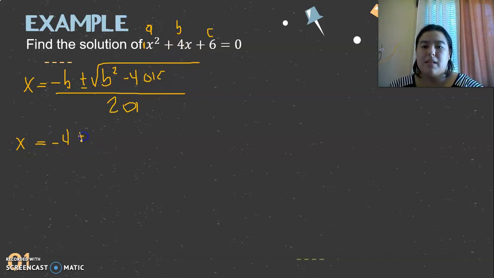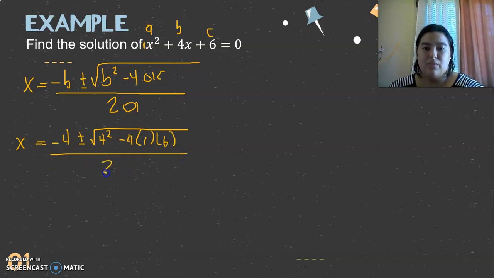Okay, positive or negative square root of b to the second power, the value for b is 4, so 4 to the second power minus 4 times a, the value for a is 1, and the value for c is 6. Okay, and then divide by 2a, the value for a is 1, okay?